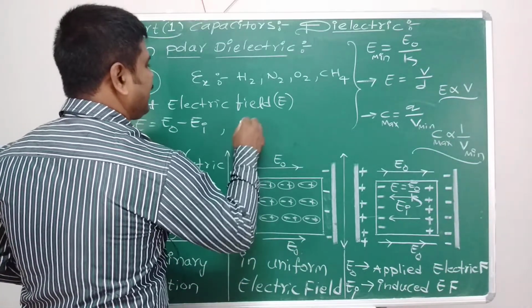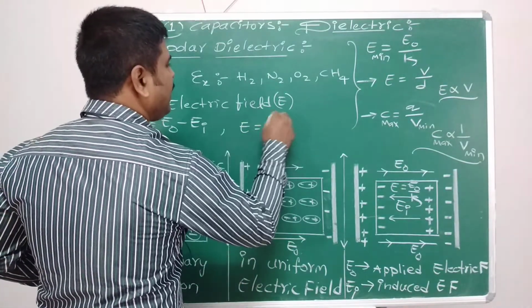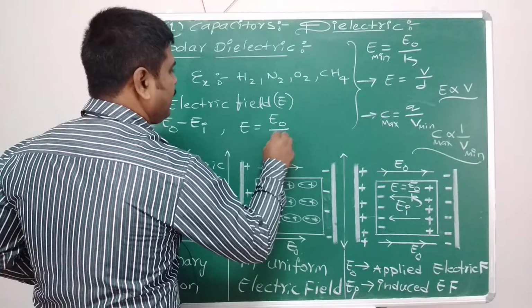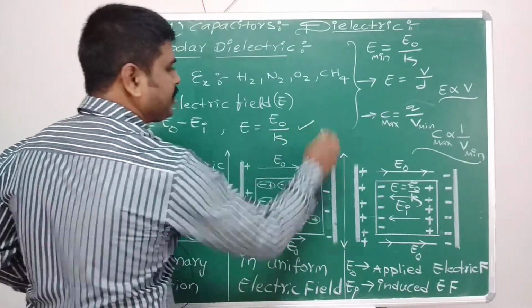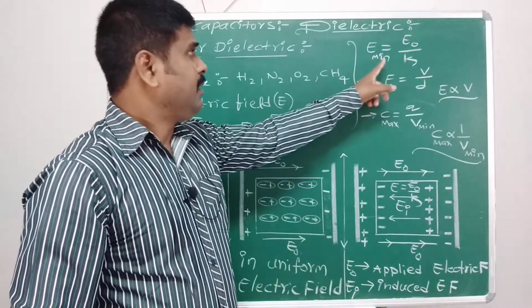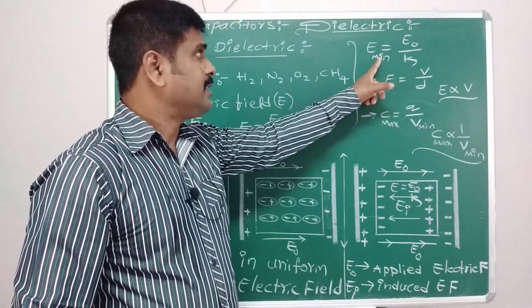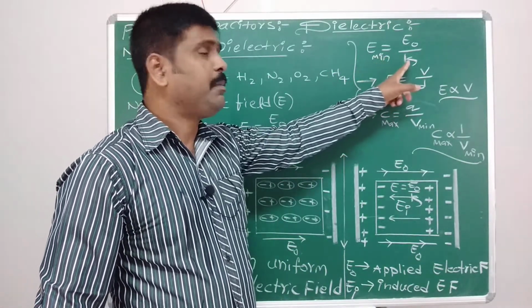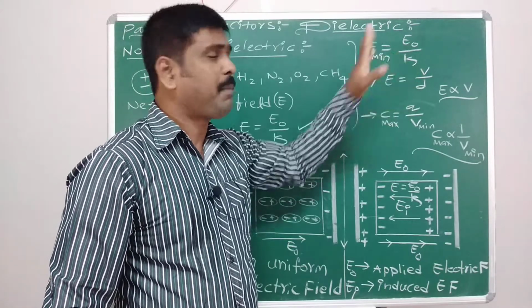The net electric field E equals E naught divided by K is the basic equation I wrote here. The electric field intensity is decreased by K times compared to the applied electric field.